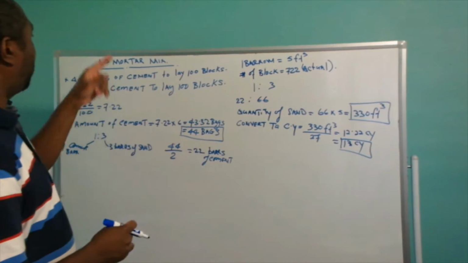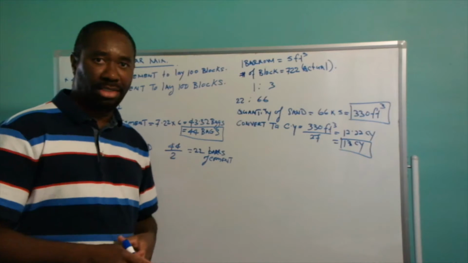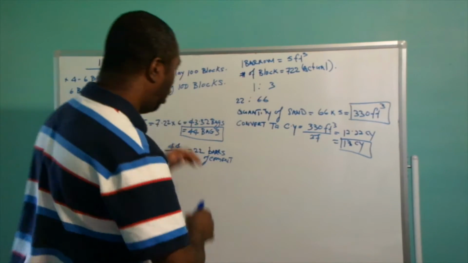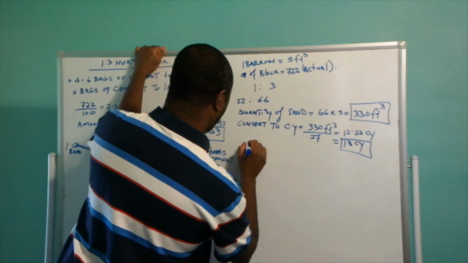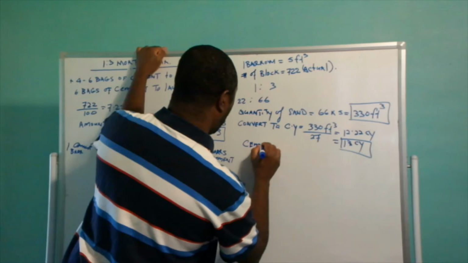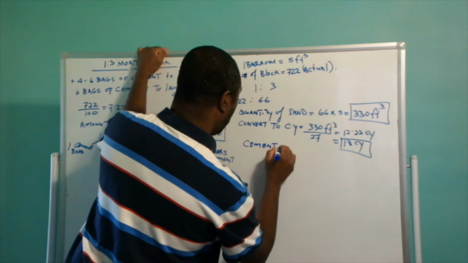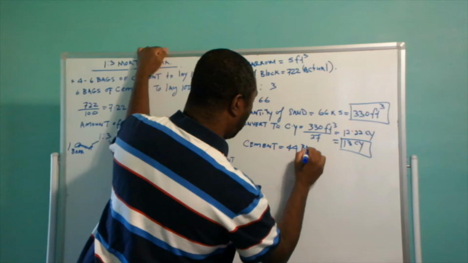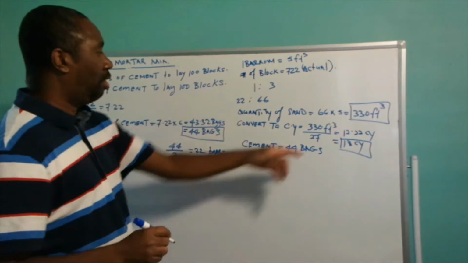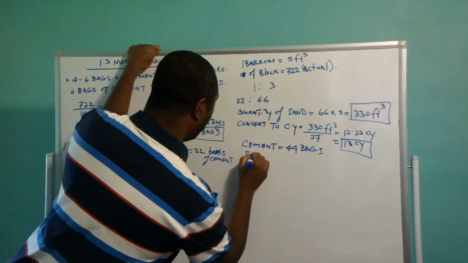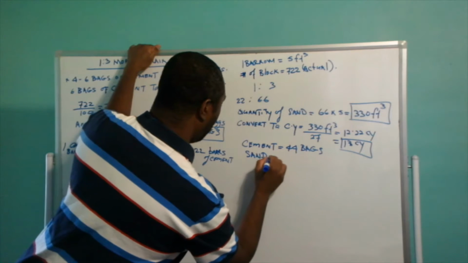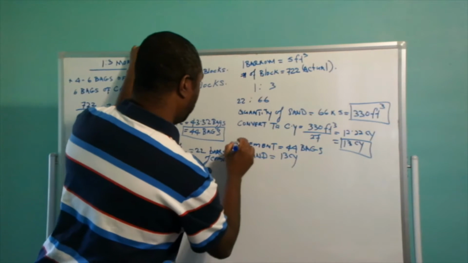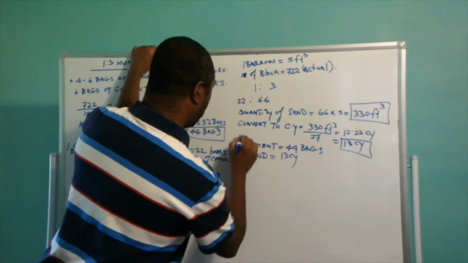So to mix this 1-3 mortar mix, to lay the 722 blocks, it is going to be for our cement equal to 44 bags, and for our sand is going to equal to 13 cubic yards.